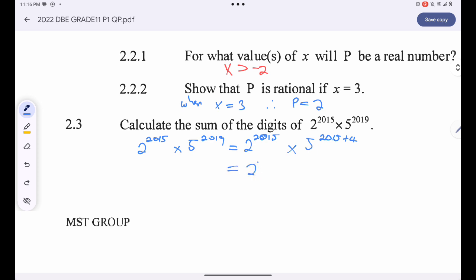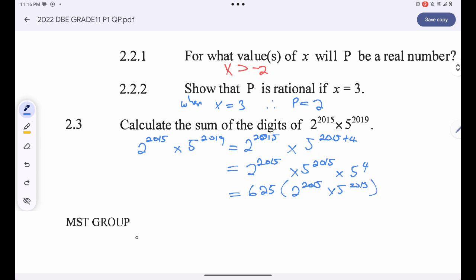Okay, this is 2 to the power 2015 multiplied by 5 to the power 2015 multiplied by 5 to the power 4. I know that 5 to the power 4 will give me 625. This is multiplied by 2 to the power 2015, and then multiplied by 5 to the power 2015, right?